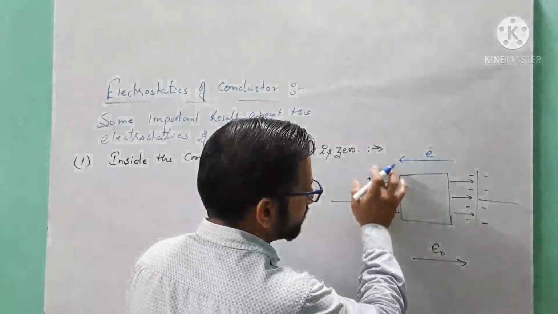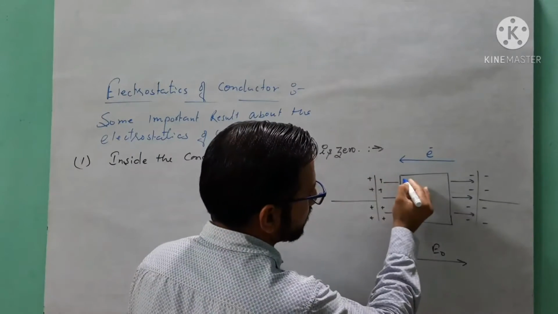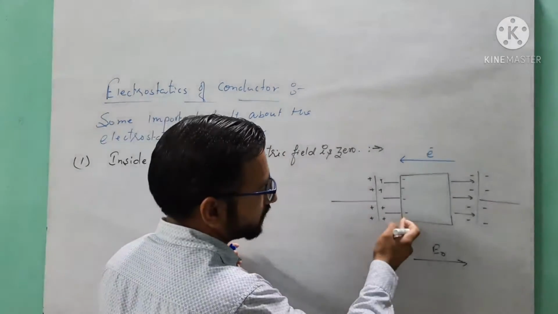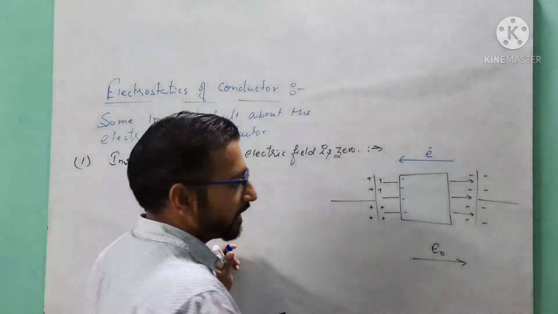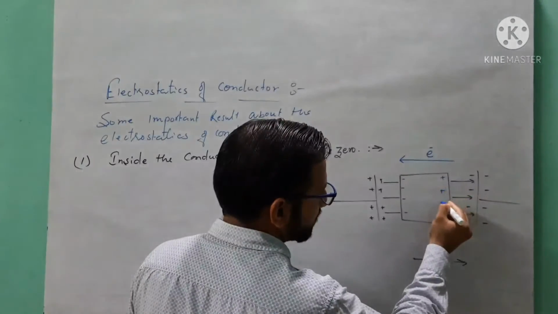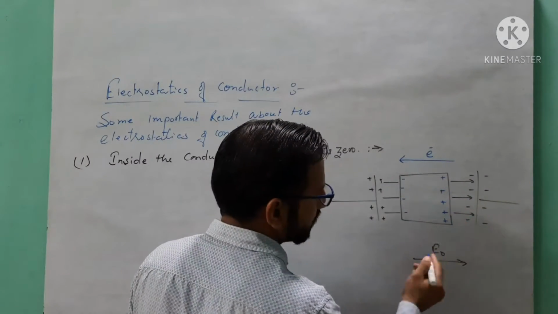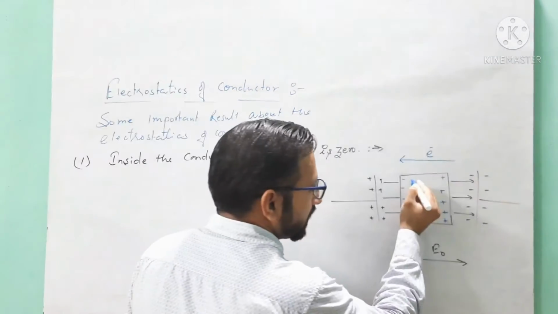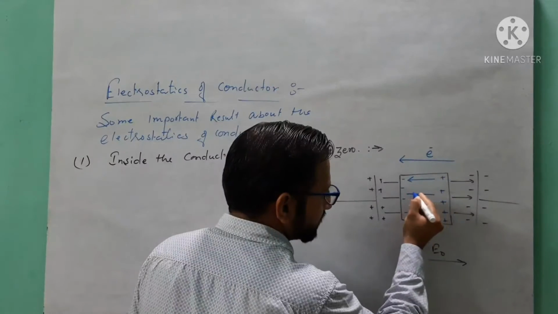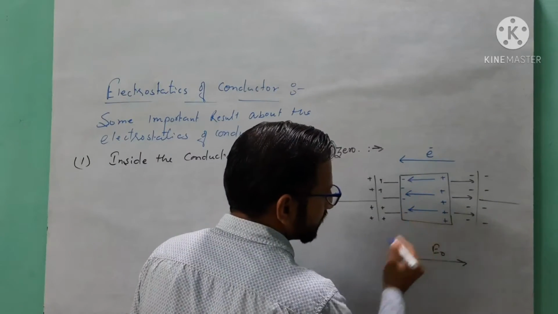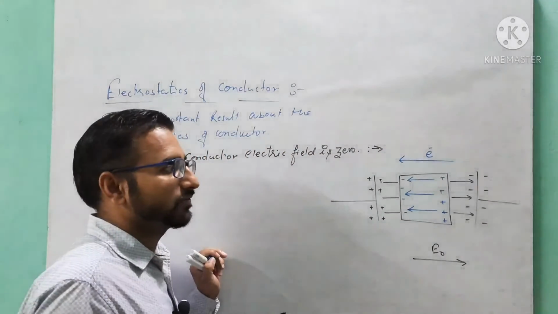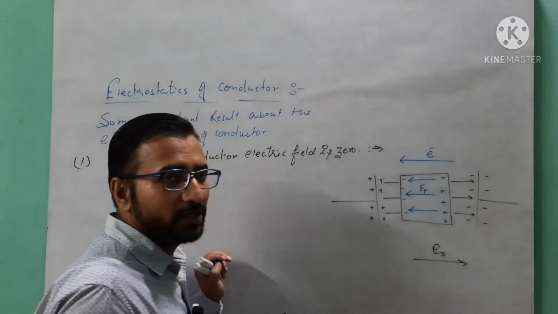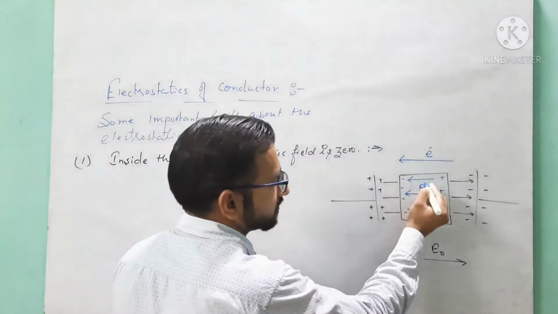Here the positive charge is this, so due to induction the negative charge will be induced on the side which is closer to the positive terminal, and the positive charge will be induced on the side or arm which is closer to the negative charge, so that due to polarization an electric field denoted by EP is induced inside the conductor.